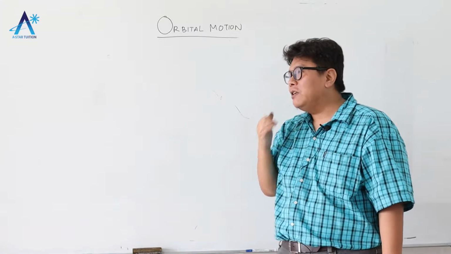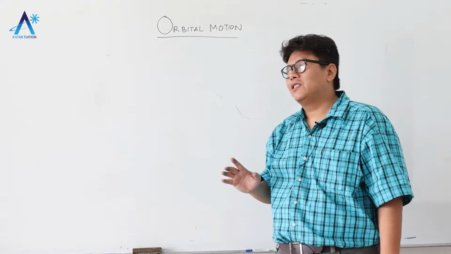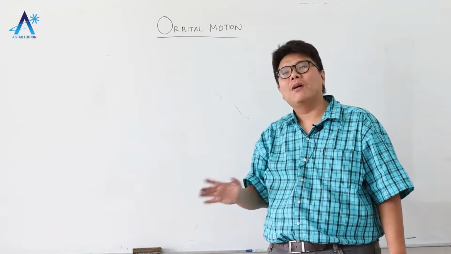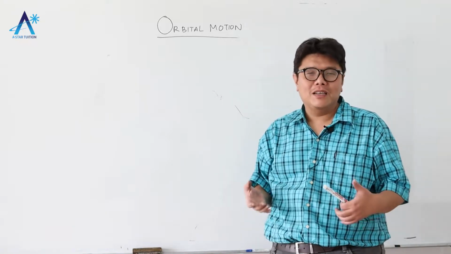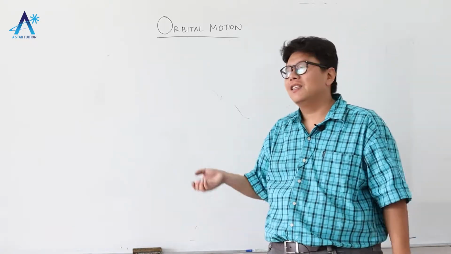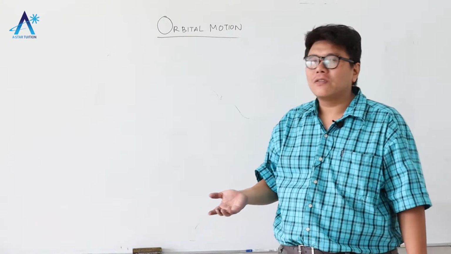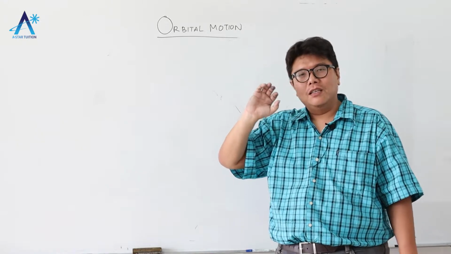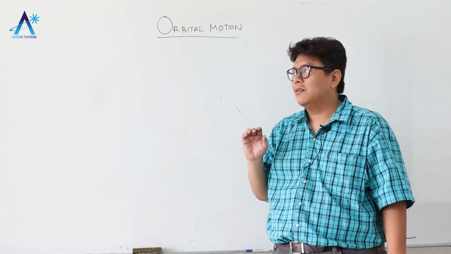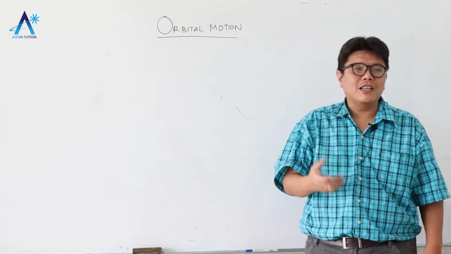The value of the escape speed for Earth is quite high, in the order of 10 to the power 3 or 10 to the power 6 meters per second, so it's virtually impossible for a person to do. But it raises an interesting question.